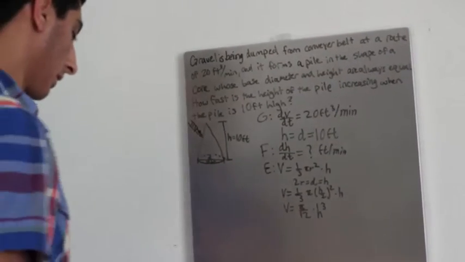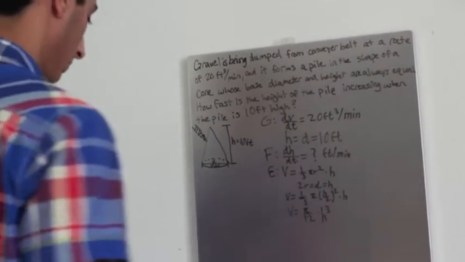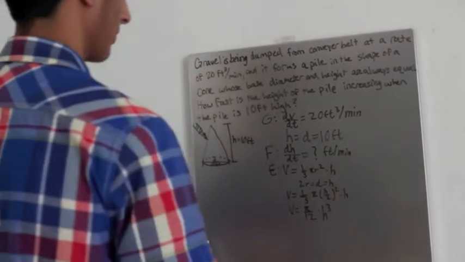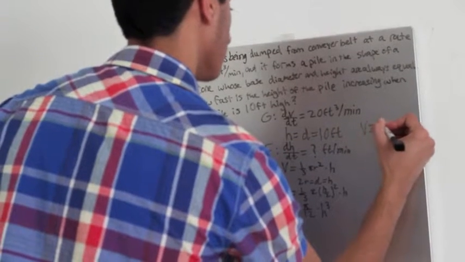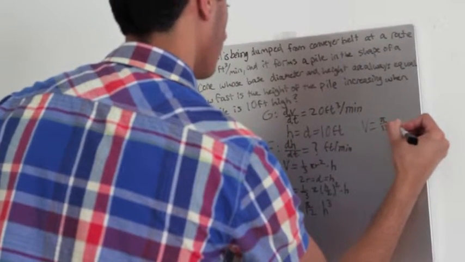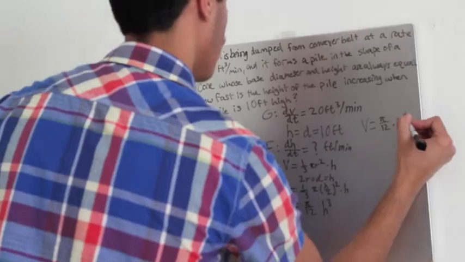Okay, and so now for our work, you've already seen this, so I'm going to erase all this. Let's write all this stuff right here. Volume equals pi over 12 times h cubed.